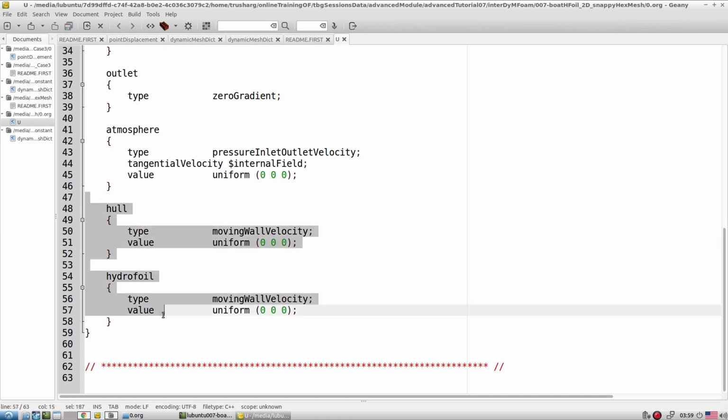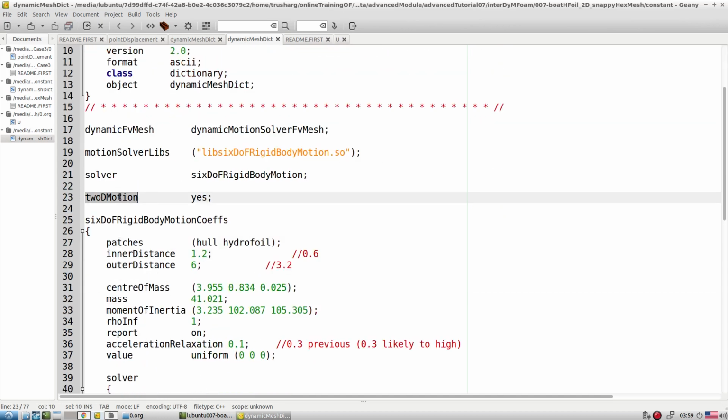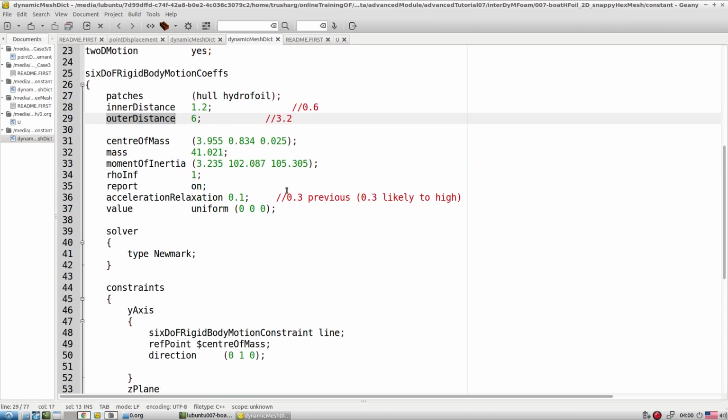For that we specify the dynamicMeshDict file with the 6 DOF, and it is a 2-dimensional motion only, not 3D. Here, the inner distance and outer distance allow us to control the mesh motion: within the inner distance the mesh moves like a solid body, and between inner and outer it morphs the mesh.